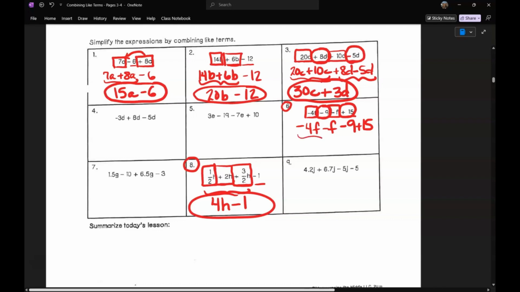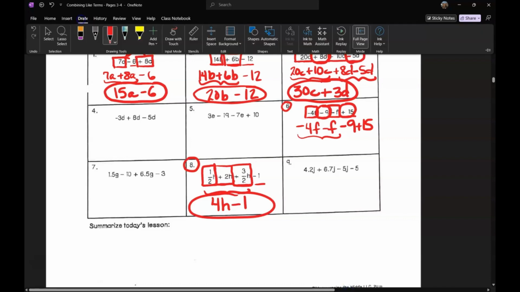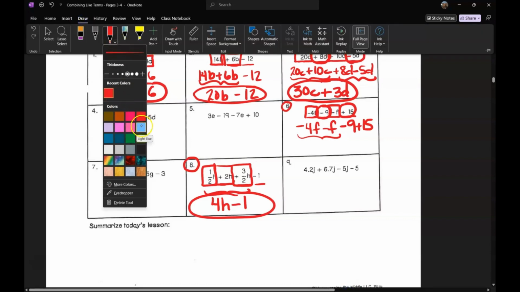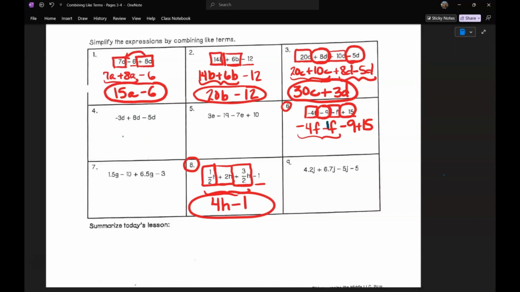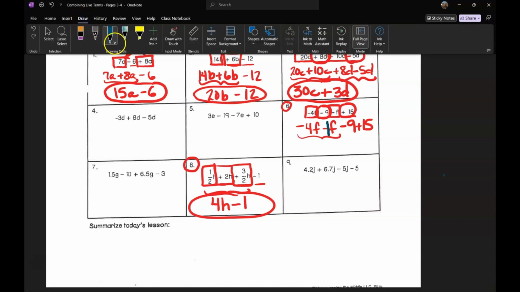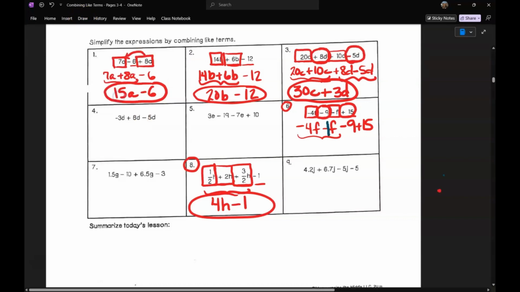All right. Let's put these together. My F's and F's. I have -4F minus F, which is also a -1. There's supposed to be a 1 in front of there. We just don't typically write it. There's a -1. So what is -4 minus 1? On a number line, both of your arrows would be going to the left.